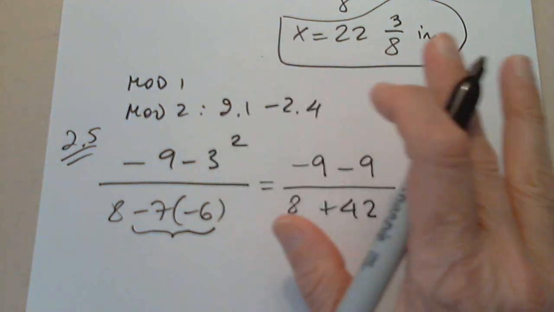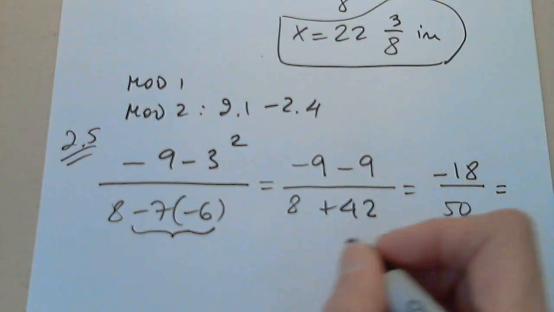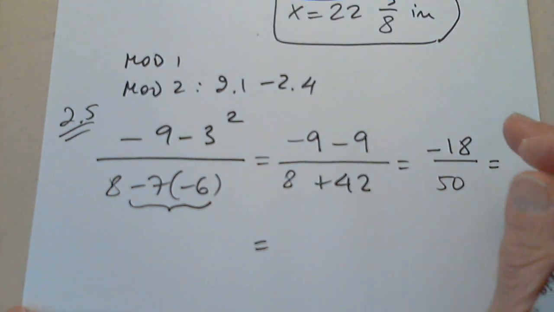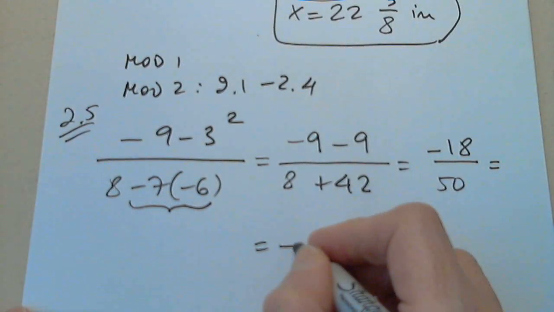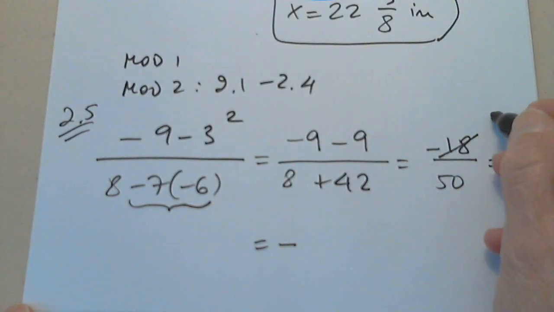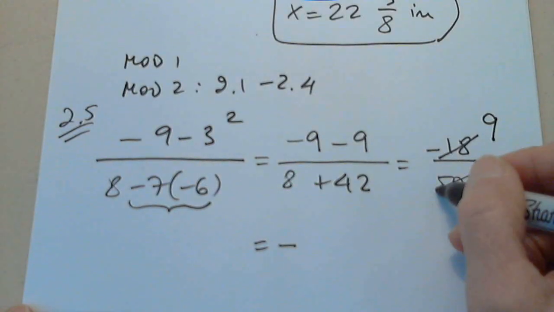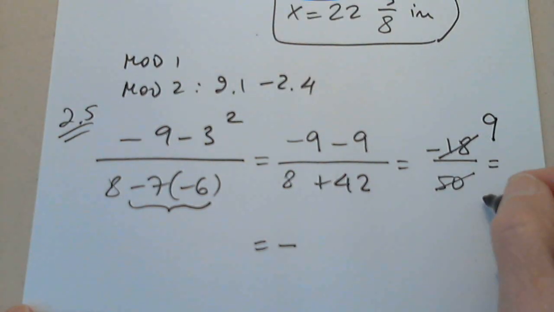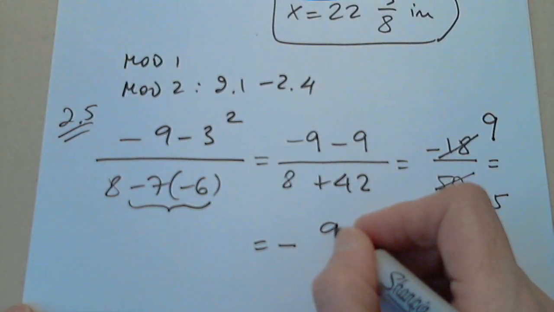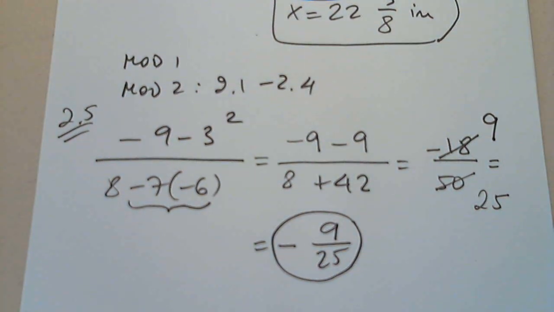Do not attempt to simplify terms over 50. First, the sign. Negative of a positive is negative. Now I can simplify by 2. So I simplify the top by 2, and the answer is 9. I simplify the denominator by 2, and the answer is 25. So indeed, -9 over 25.